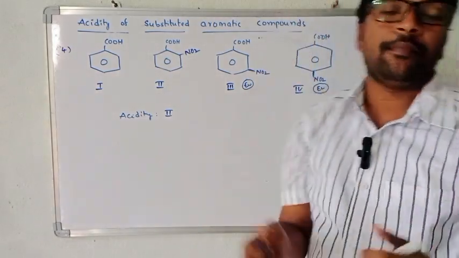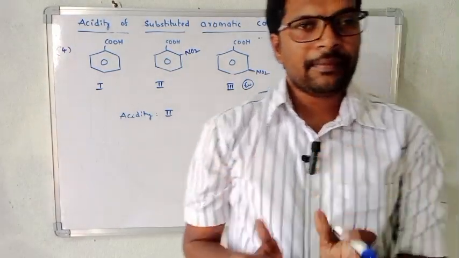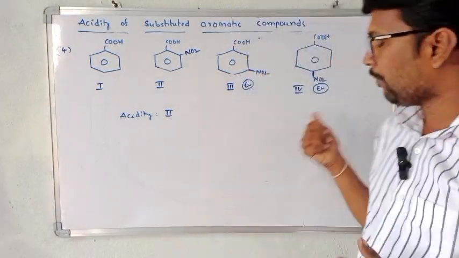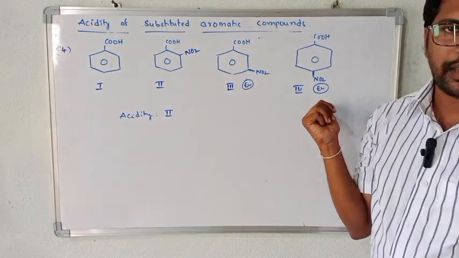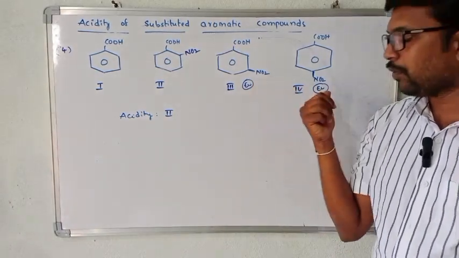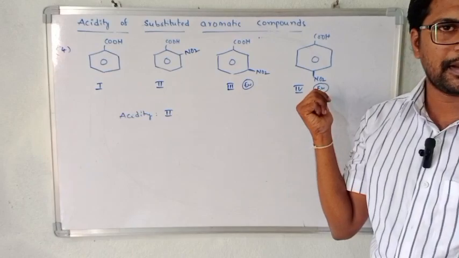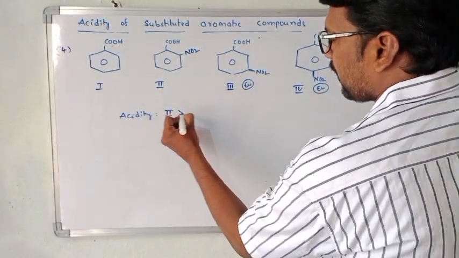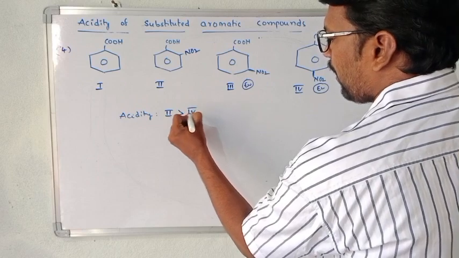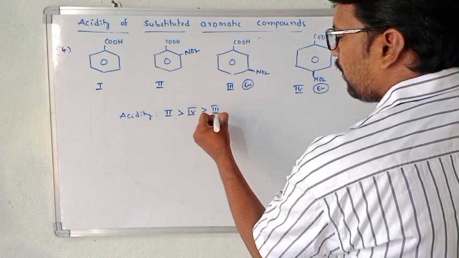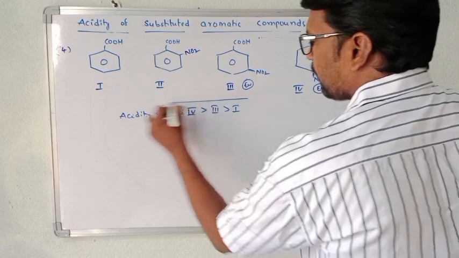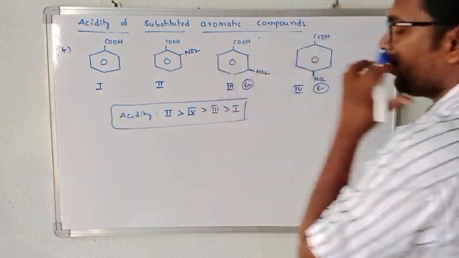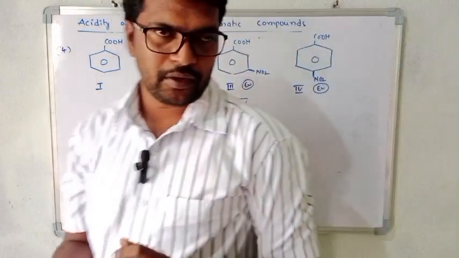But when you compare the meta position and para position, para is more acidic than meta. That means more electron withdrawing nature is present at the para position. That's why after ortho, para is present, after that meta, and the least one is the standard condition. This is the acidity of NO2 group substituted benzoic acid.